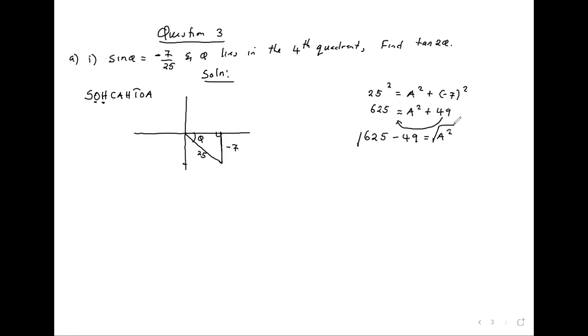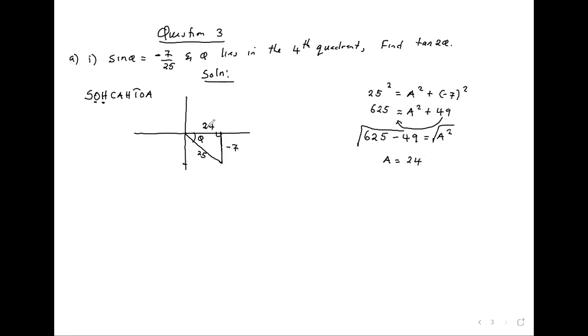Then square root, so that a becomes 625 minus 49, we get 576, and the square root of this is 24. The square root is 24, so we put 24 here, and it is positive because that's the x-axis.